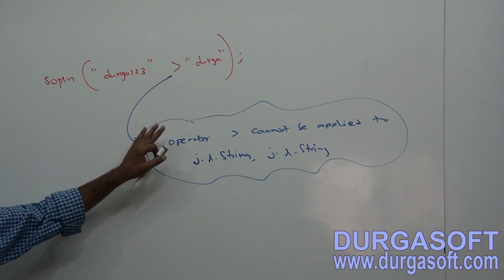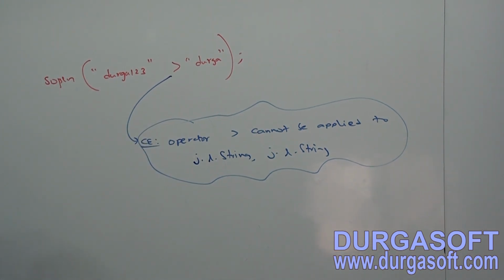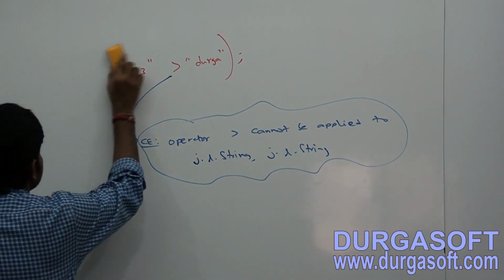Is it clear for all of you, right? Next, so we can't apply relational operators for object types.